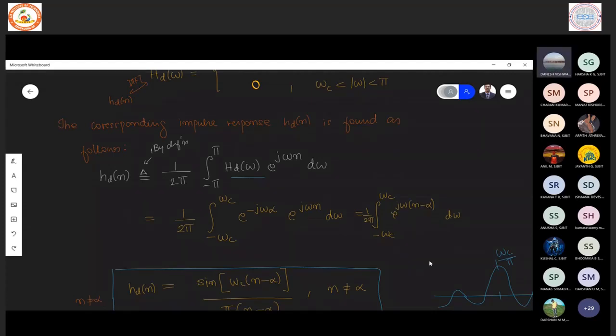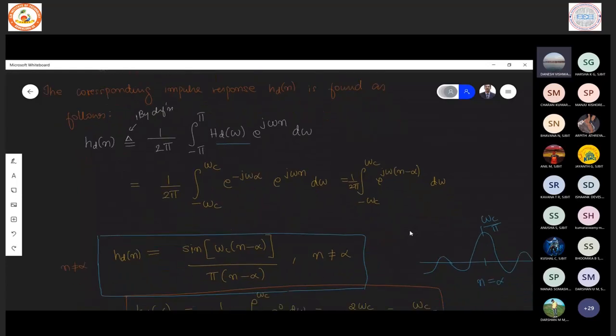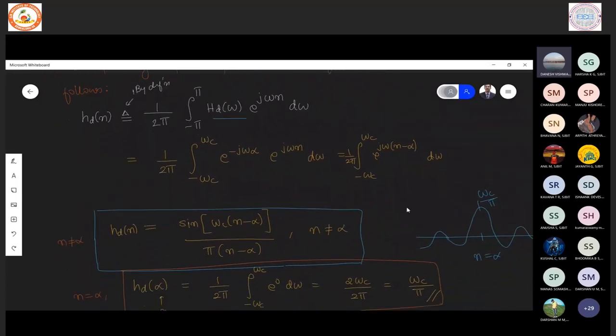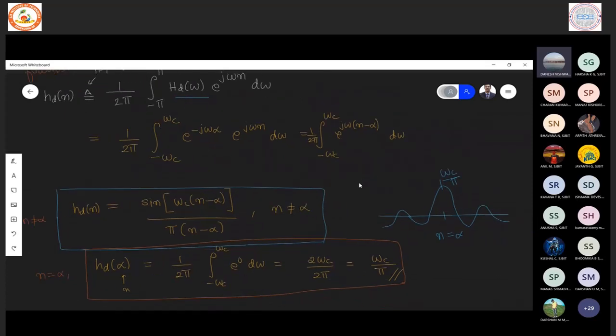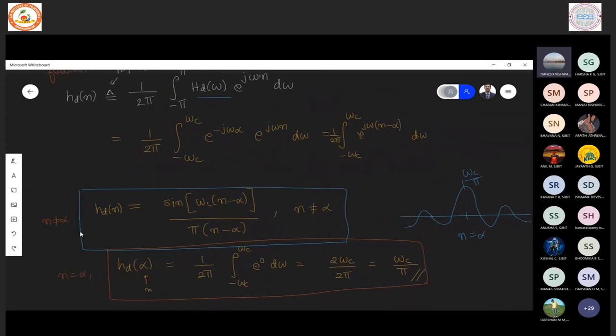If you solve this integration, the solution is Hd of n, which becomes sine of omega c into n minus alpha, divided by pi times n minus alpha.